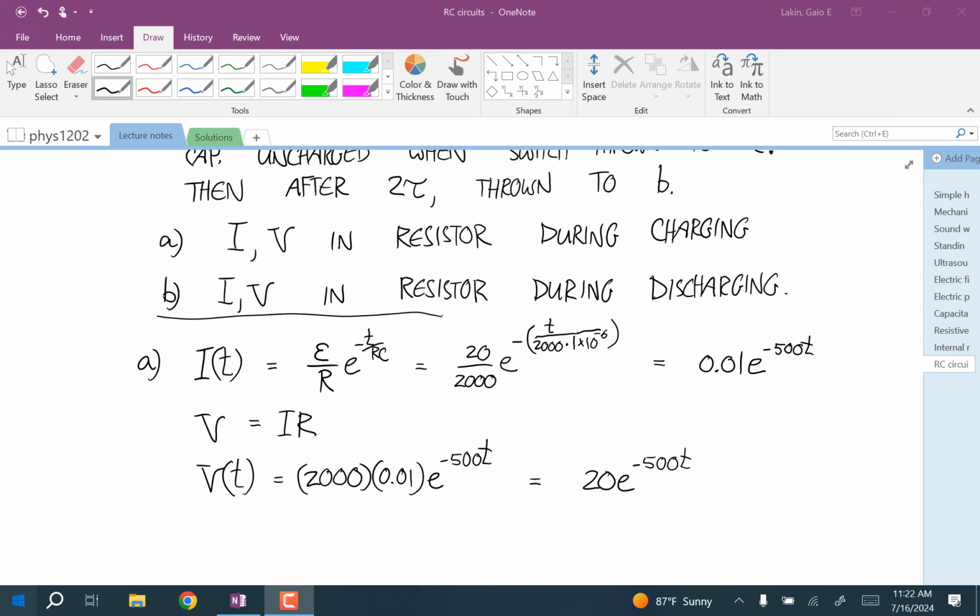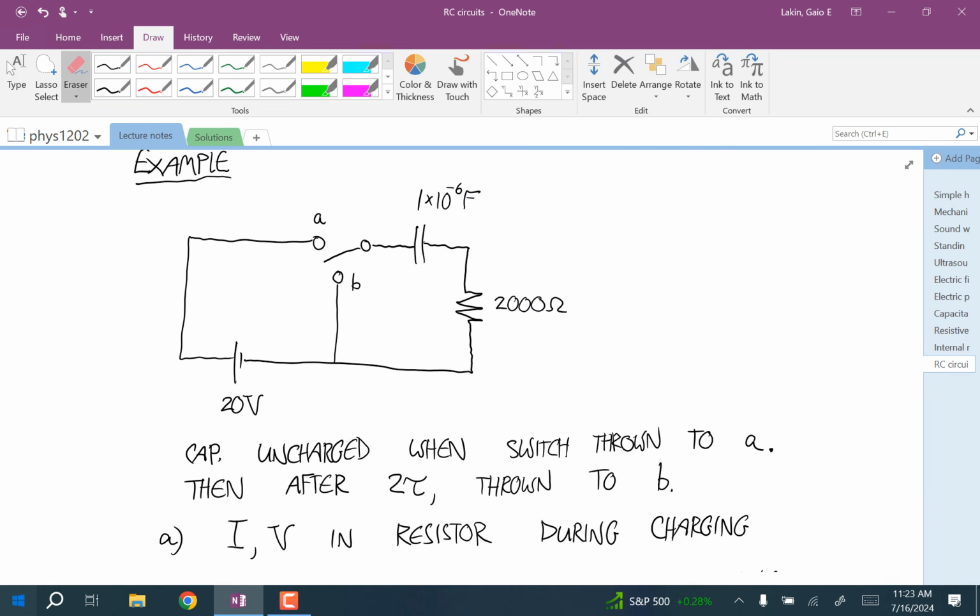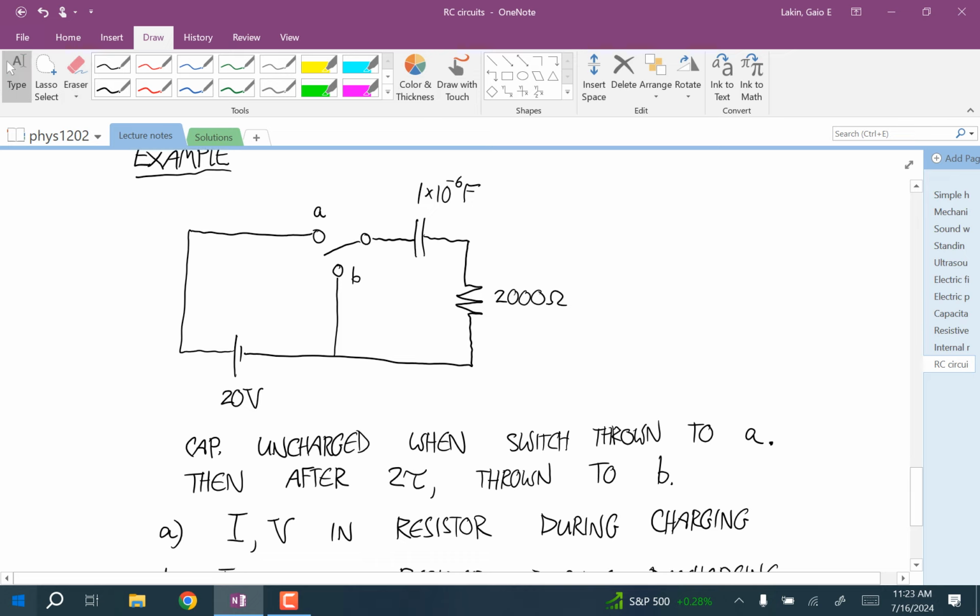Okay, so now for part B, we want to calculate I and V in the resistor during discharging. Well, we can't do that until we know what the starting charge is. So we're told that the switch flips to B after 2 times the time constant.